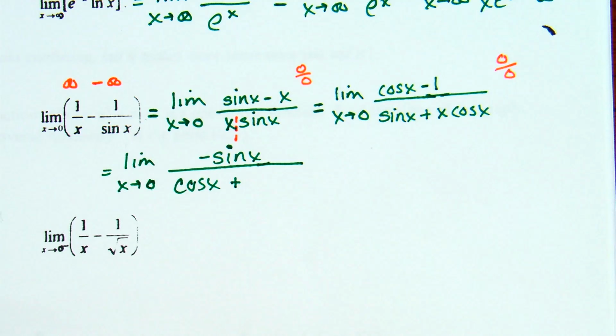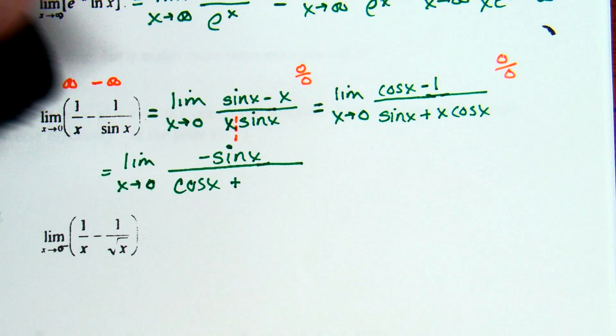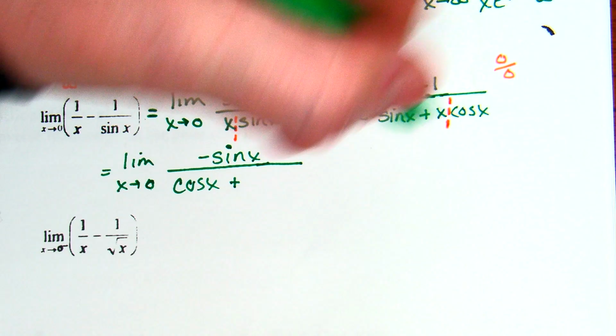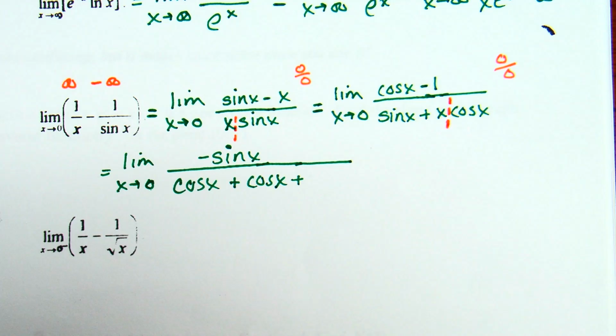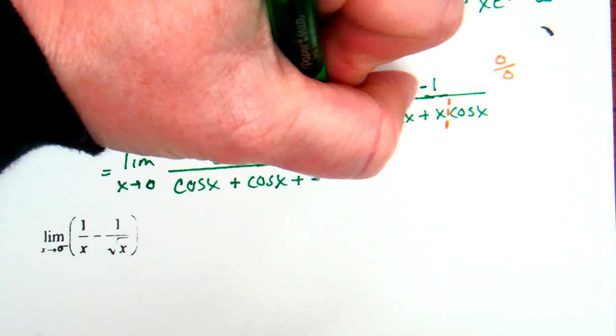Plus, what is the derivative of x cosine x? Another product rule. So the derivative of x is 1. Keep the cosine x. Plus, this time we're going to keep the x. What's the derivative of cosine x? Negative sine x. So this is negative x sine x.